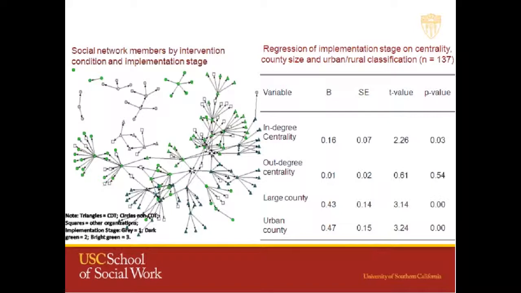As you can imagine, being a large county means you have more access to more individuals. And the same is true of being in an urban county. But independent of that, the extent to which you had individuals in your network that others came to for information and advice was a significant independent predictor of the stage of implementation.